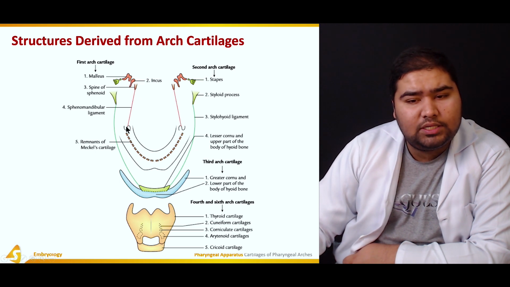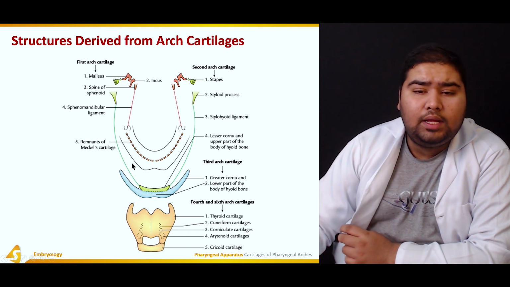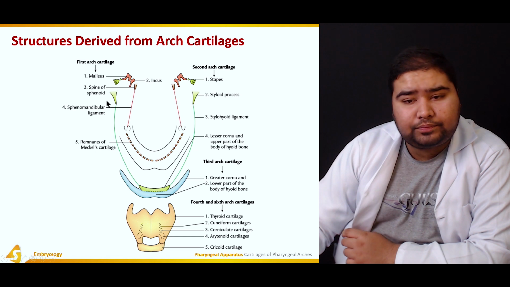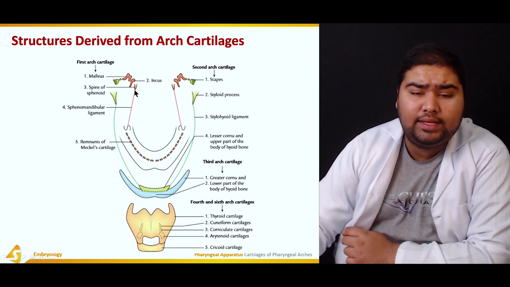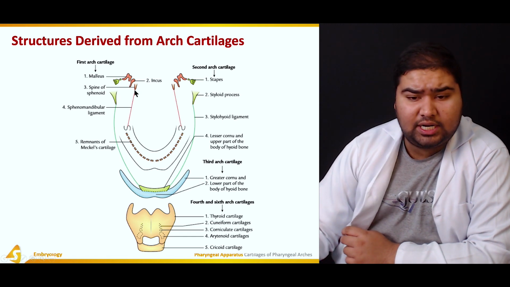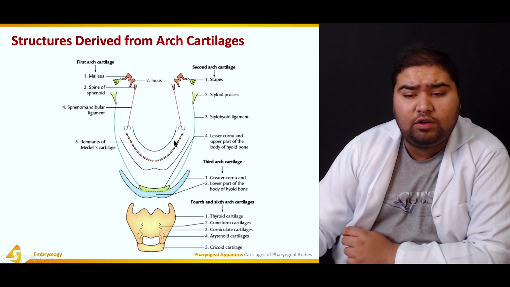Now this ligament is also formed. This ligament is known as the sphenomandibular ligament, which is actually the perichondrium. And the spine of the sphenoid is also formed by this first arch cartilage, and the remnants of Meckel's cartilage, by membranous ossification, help in the formation of the mandible.